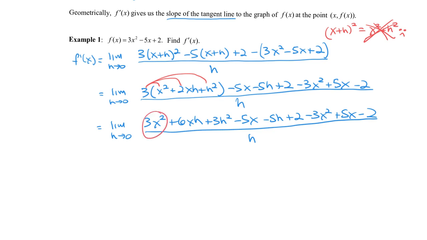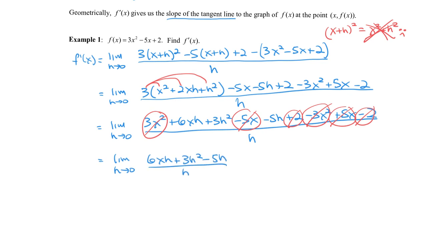Okay, let's look at what we've got here. 3x squared minus 3x squared. And let's see, minus 5x plus 5x plus 2 minus 2. So it looks like everything that's left has an h in it, right? Limit as h approaches 0 of 6xh plus 3h squared minus 5h all over h.